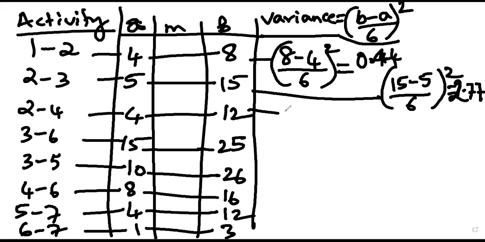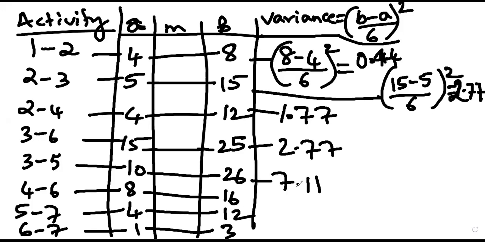Likewise, this is 1.77. 2.77. 7.11. 1.77. 1.77. Then 0.11. 0.11.